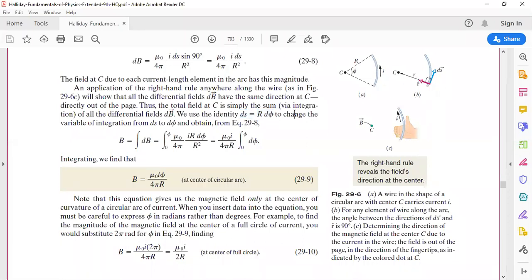Now we can say that ds is equal to the radius of the wire times this very small angle subtended, so ds is equal to r d phi, right? Okay, sir. Yes, sir.